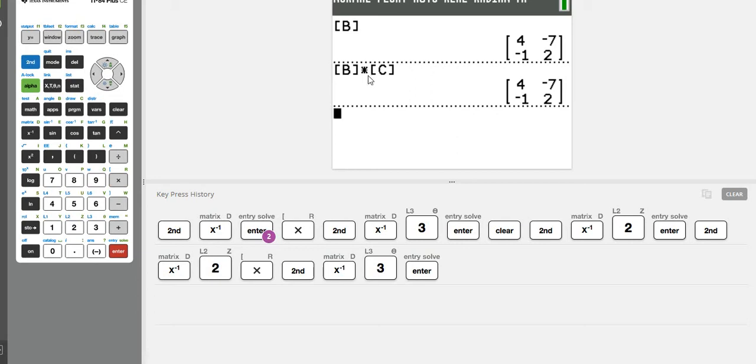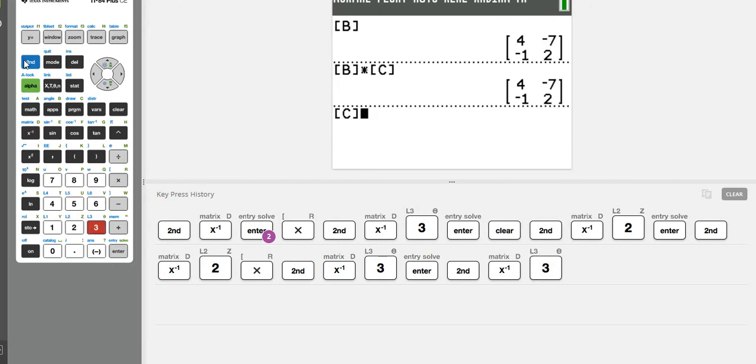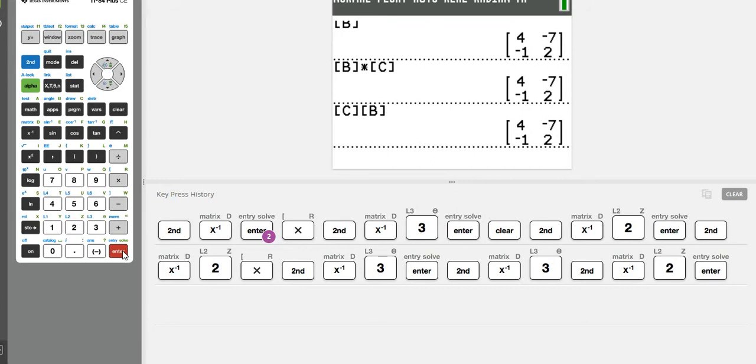Usually matrix multiplication isn't commutative, but the identity matrix is commutative. It will multiply on either side of your matrix and give you the same thing. So C times B, there, same thing. That's a nice property of our identity matrix, and one that we're going to use.